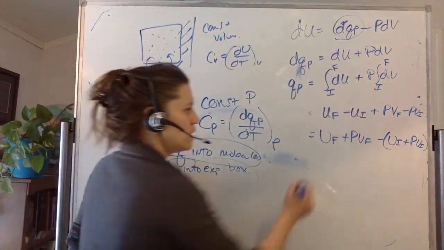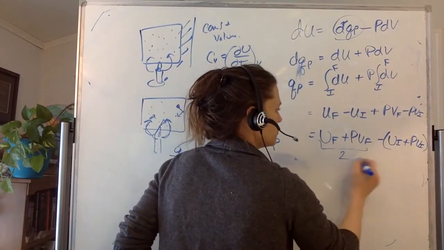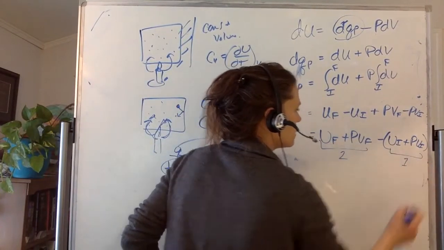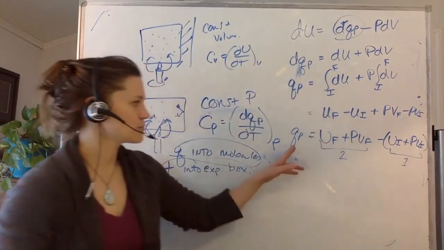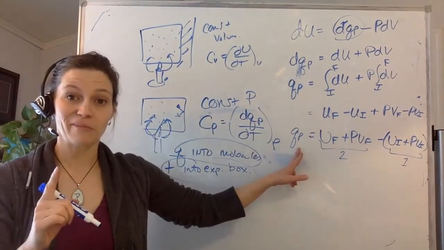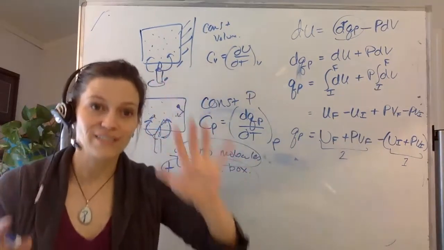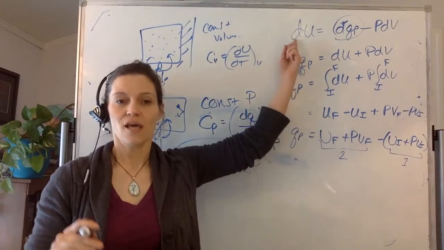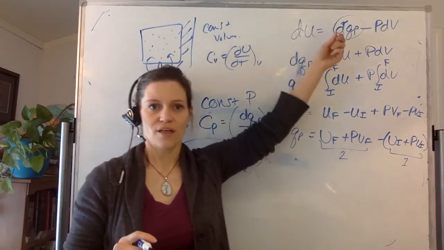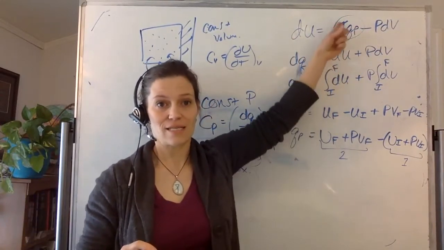Everyone happy with that? Here's my state 2. Here is my state 1. And I've got Q at constant pressure. Awesome thing about this, the reason that we use the first law the way that we do is because this is a state function. This is not.